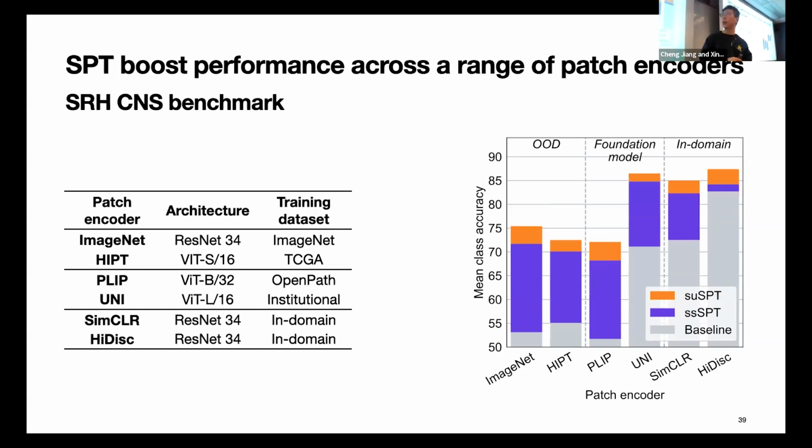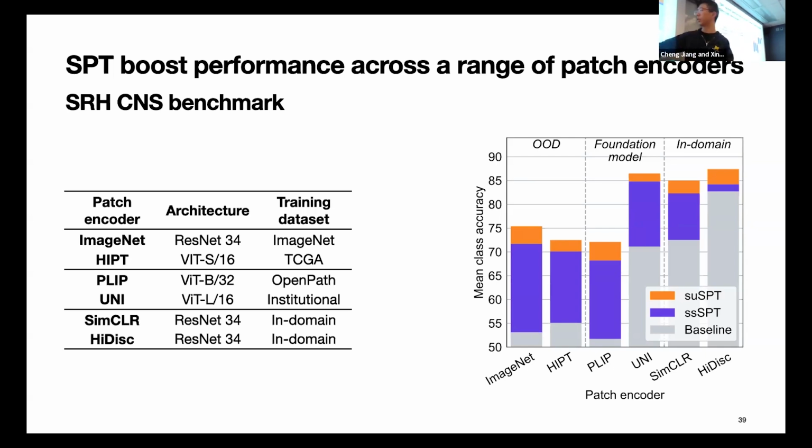This is the same ablation study, just for another benchmark, the SRH benchmark. Here, some of the methods, for example HIPT, which was trained on H&E data, now become out of distribution for the SRH data, because they are actually quite different. And the PLIP and Uni, these two foundation models, actually show there's a distribution shift between these two modalities.